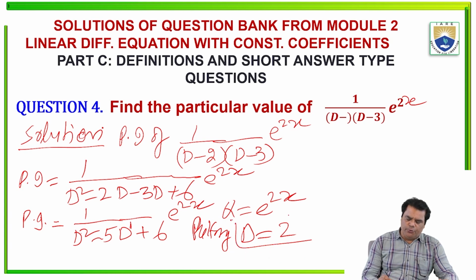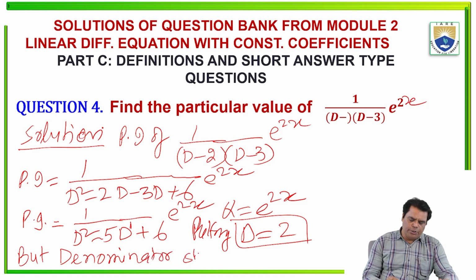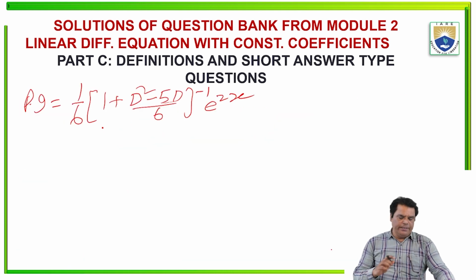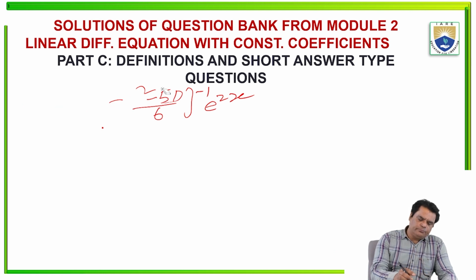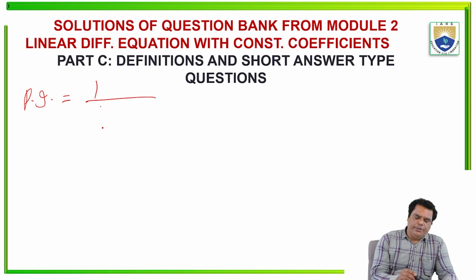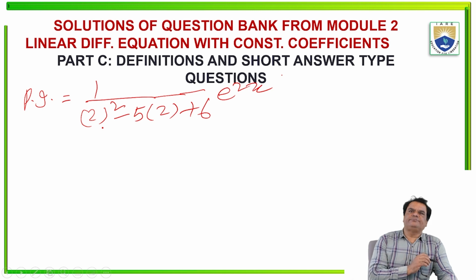Putting D equal to 2, but the denominator should not be 0. Okay. So here, putting D equal to 2, PI is equal to 1 upon D equal to 2, e to the power 2x, D squared minus 5D plus 6, which is 2 squared minus 5 into 2 plus 6, e to the power 2x.